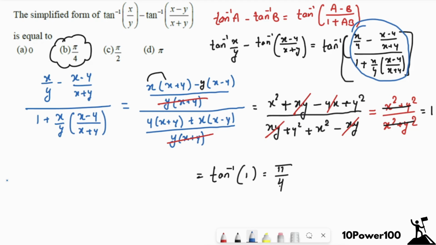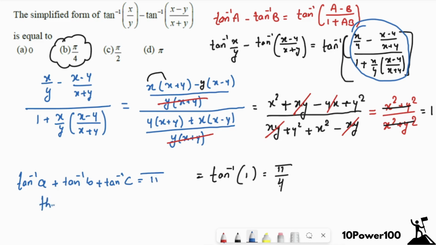Now by keeping this in mind, I want you to calculate one more extension question, that is tan inverse A plus tan inverse B plus tan inverse C is equal to pi.